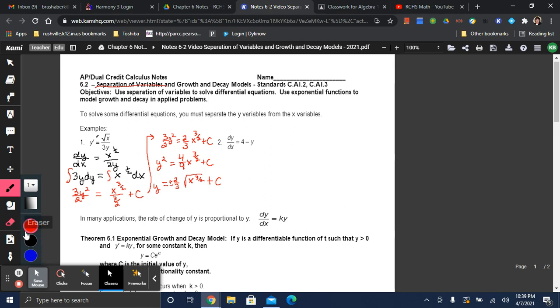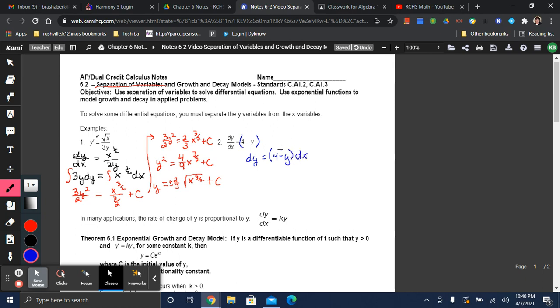So for the second problem, we cannot add y to both sides. So that is not a technique that can be used. We have to think of this as a grouping of 4 minus y. So I'll start by separating and having dy equals 4 minus y dx.